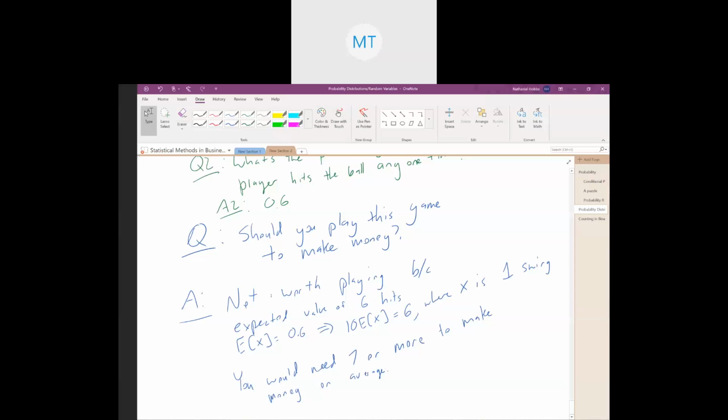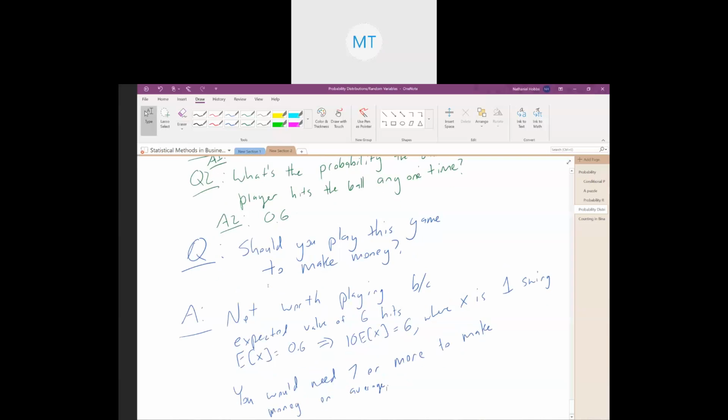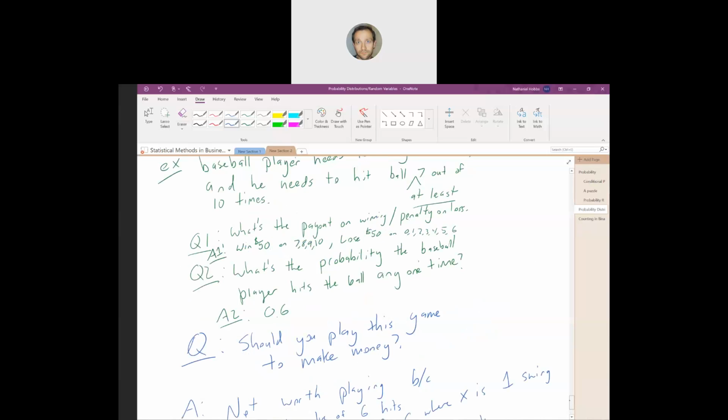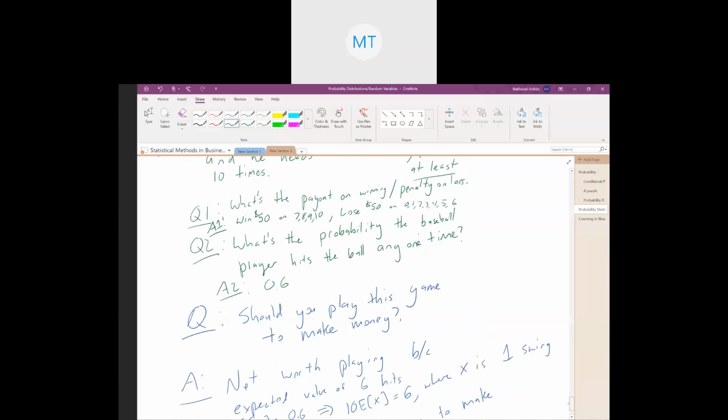Okay, good. So this is correct. The logic is sound. Although there's one piece that I would like you to make explicit, which is about the payouts. Can you mention something about that?